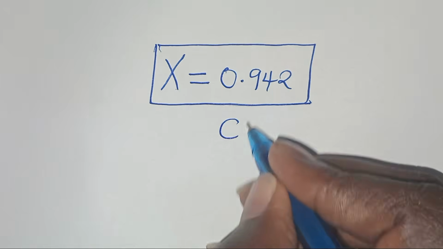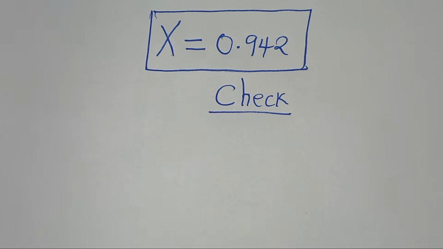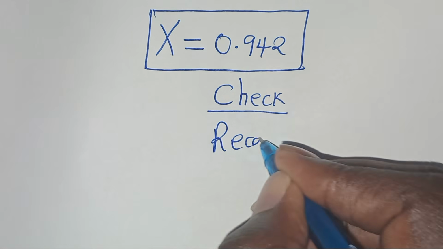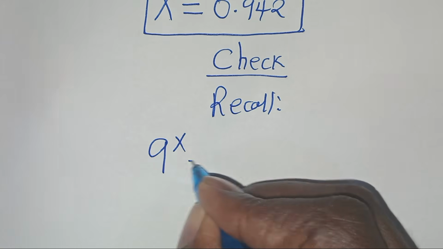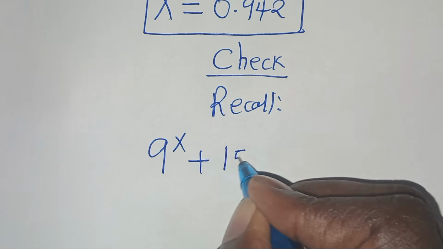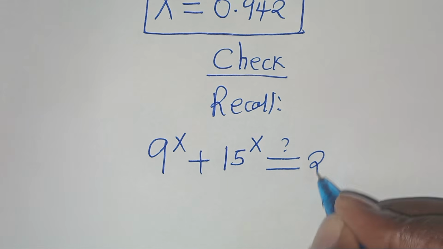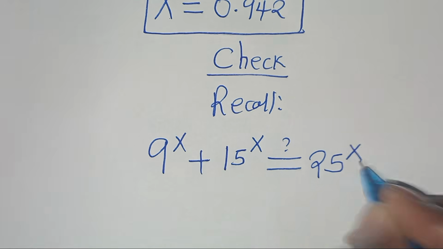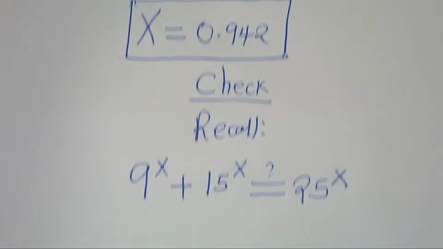Now let's check if this value of x satisfies the equation. If you recall, we have 9^x + 15^x, which should give us a value of 25^x. Let's substitute the value of x here.